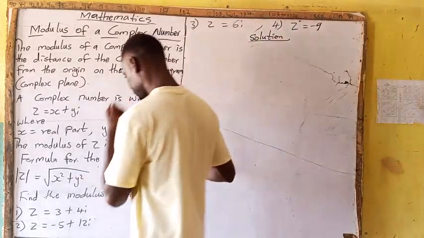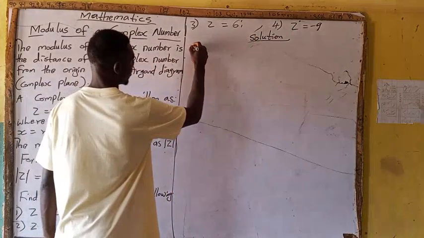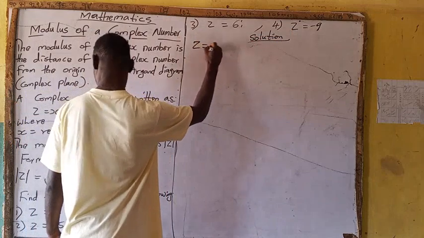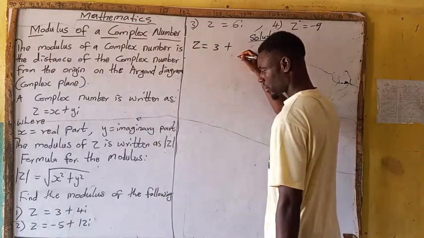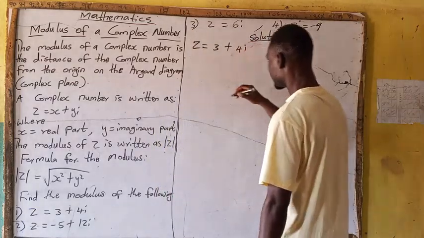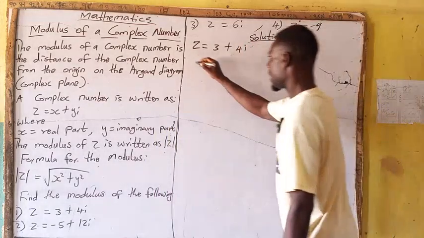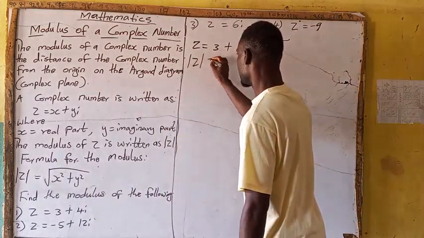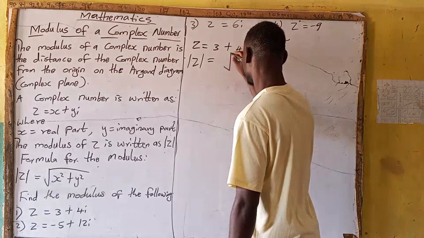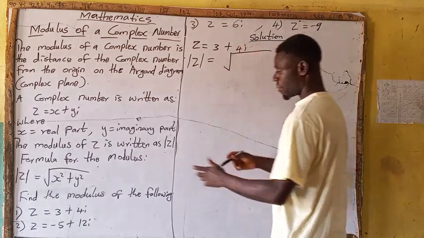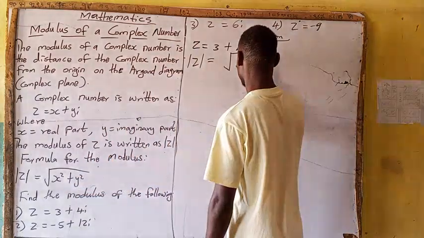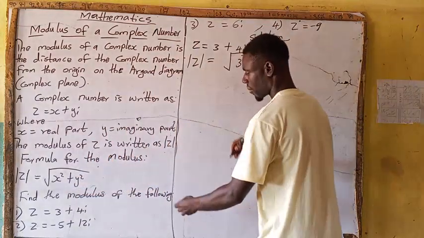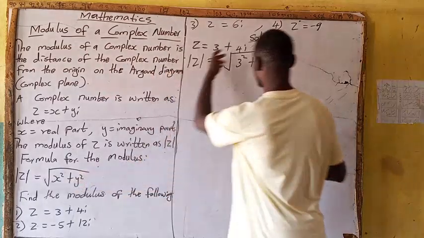Let's take the first one. The first one is z is equal to 3 plus 4i. Now let's look for the modulus of it. From the formula, x is the real part, so it should be 3 squared, plus y, which will be 4.